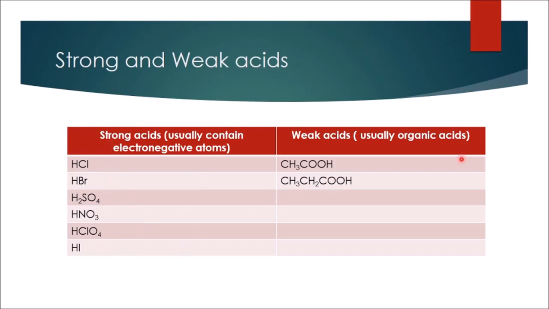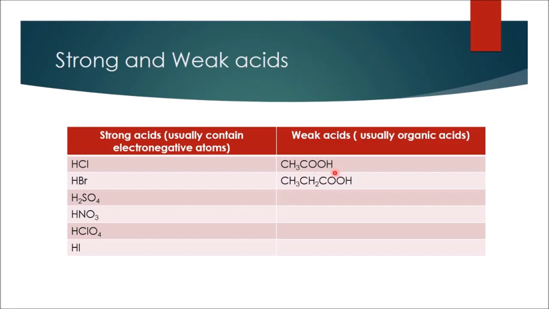And any acid that contains carbon, carbon means organic acids. So all those compounds which have carbon and hydrogen in them are organic. We have learned this. Hydrocarbon acids like CH3COOH, CH3CH2COOH, these are organic acids. How do you identify organic acids?